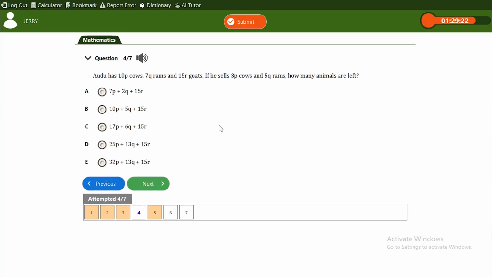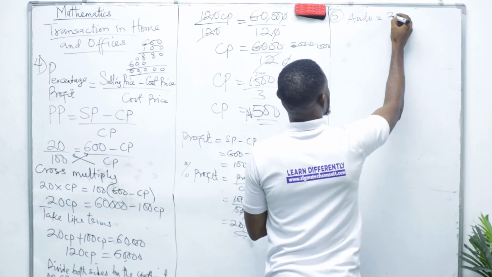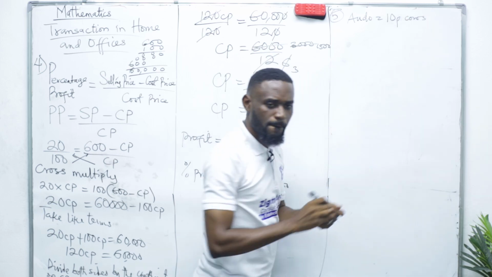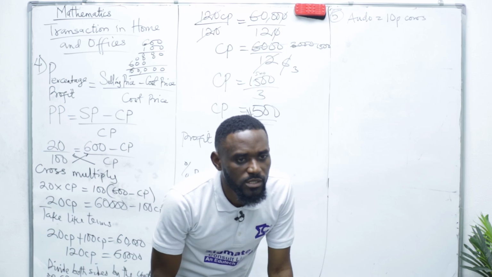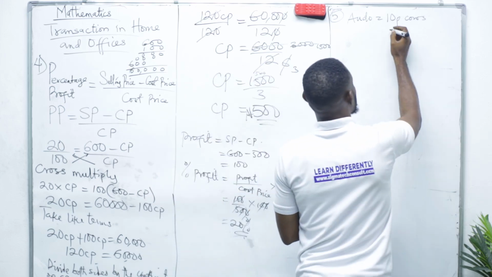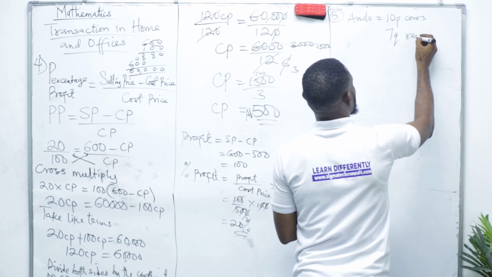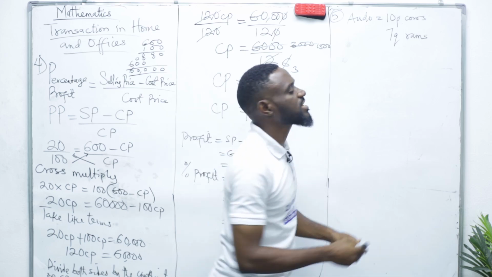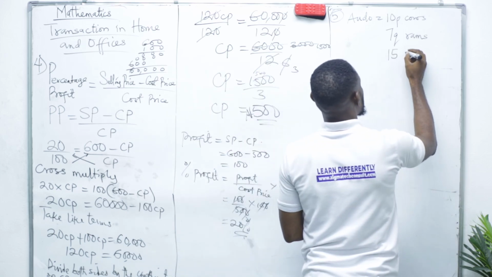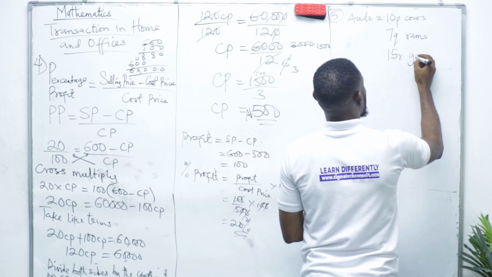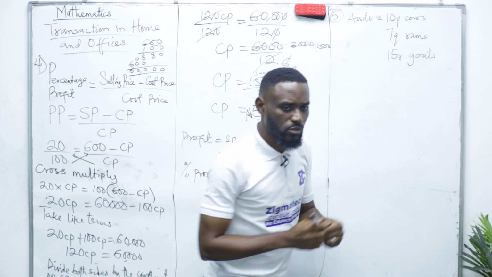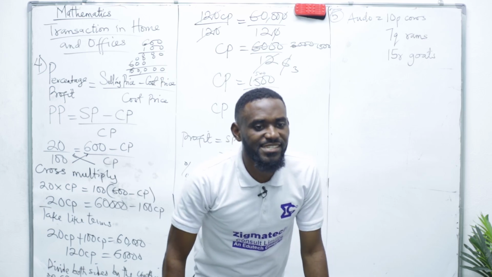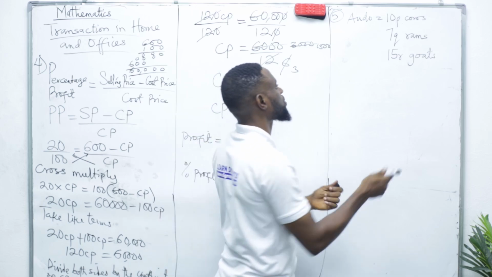A man has 10p cows, 7q rams, and 15r goats.